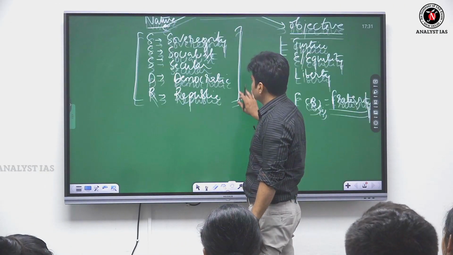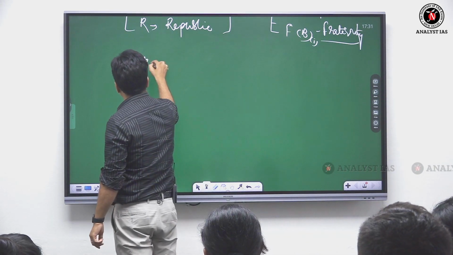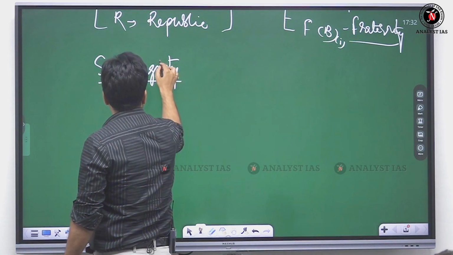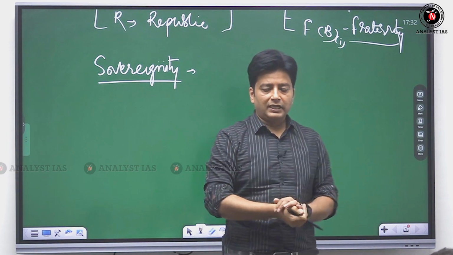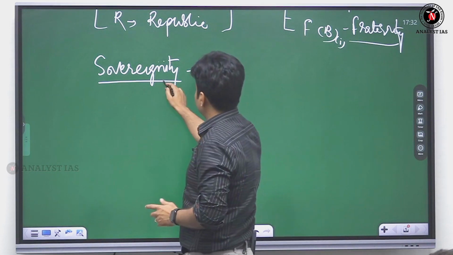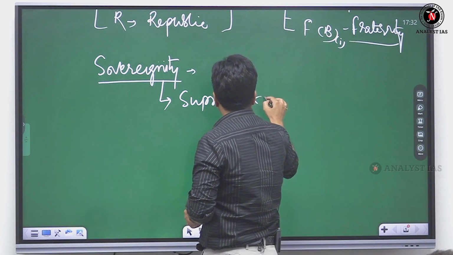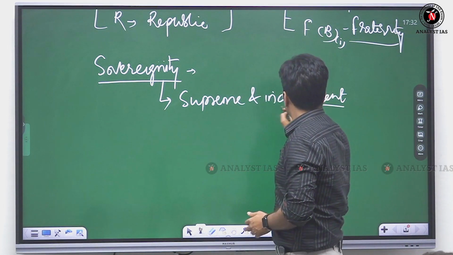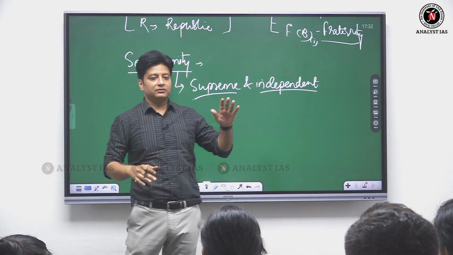So, if I talk about sovereignty here, sovereignty means what? Sovereign. In the English language, it can be put as supreme and independent. Supreme and independent. What do we mean by supreme and independent?